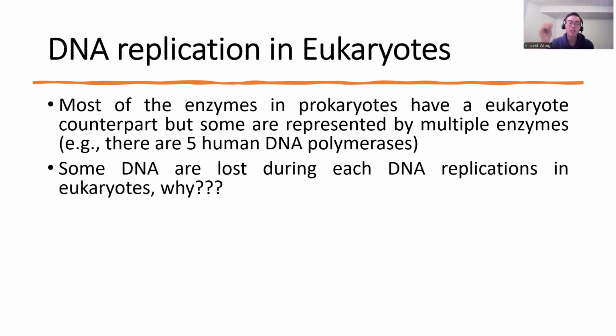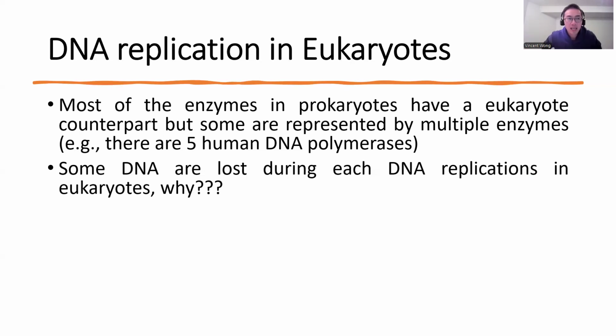But sometimes you have multiple versions of that same enzyme in eukaryotes. For example, in humans, it's not just polymerase 3 and 1. There are actually 5 DNA polymerases in total. That makes sense because we are more complicated and there is more DNA to deal with. So it's not surprising you would have multiple versions of the same enzyme doing a similar job.